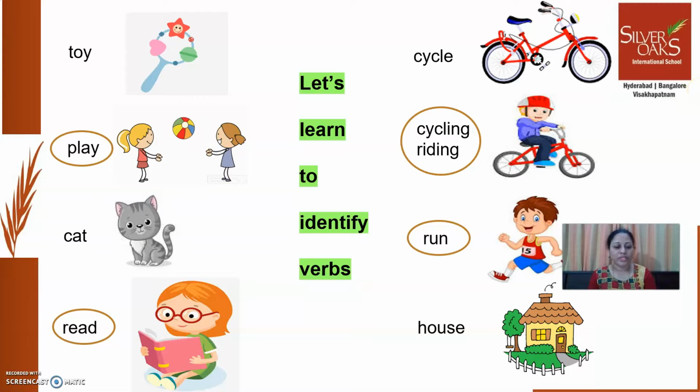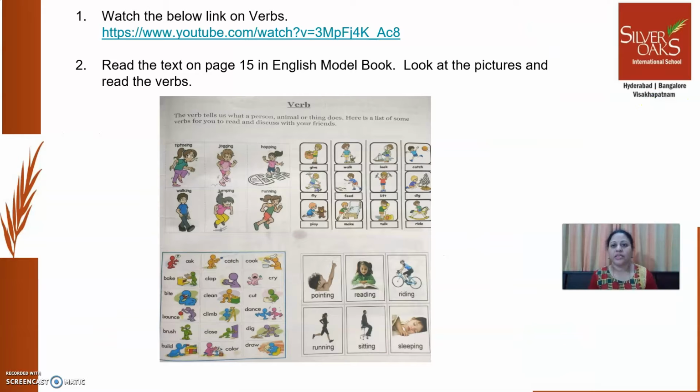So now let us look at your learning engagement for today. See, there is a link given here. It is about verbs. Watch the video and also listen to the audio carefully and understand more about verbs. And after doing that, there is this page in your English model book, page 15. It is on verbs. Read the text given in this page.